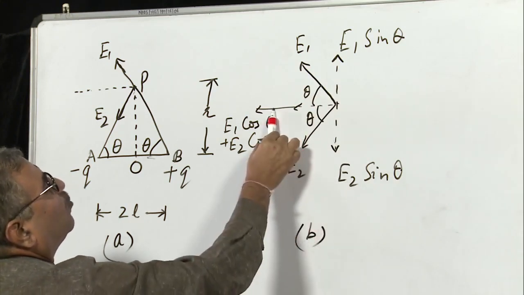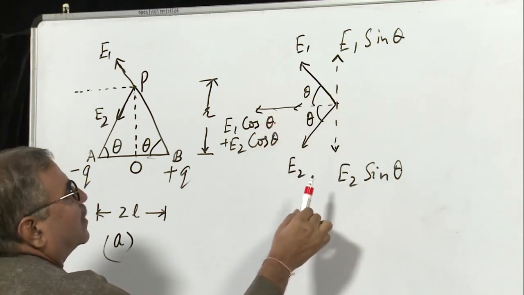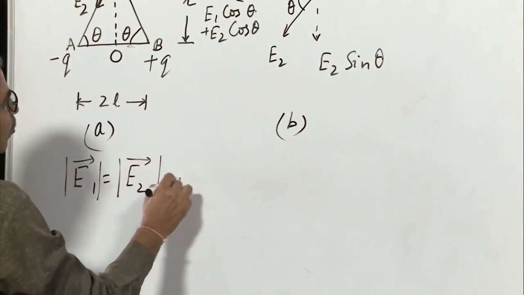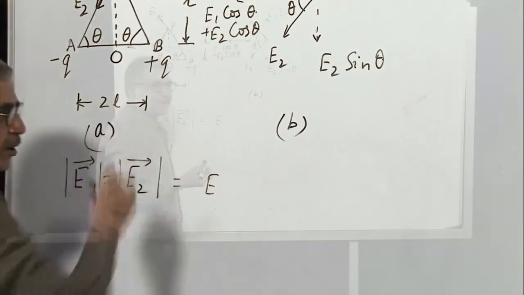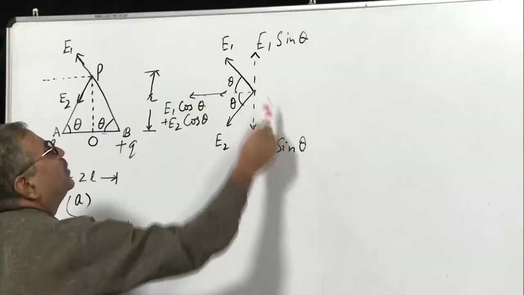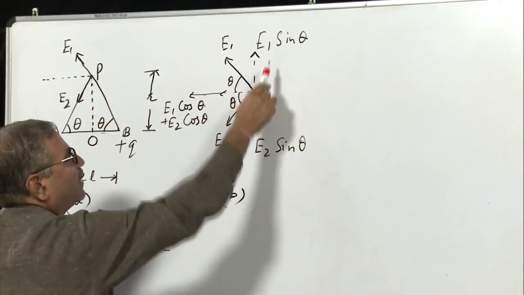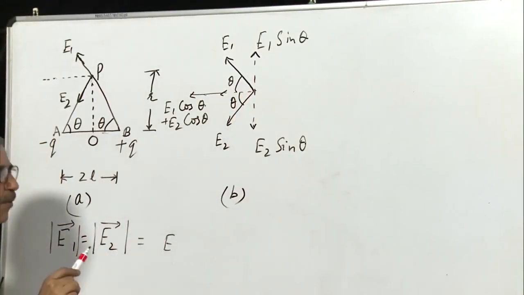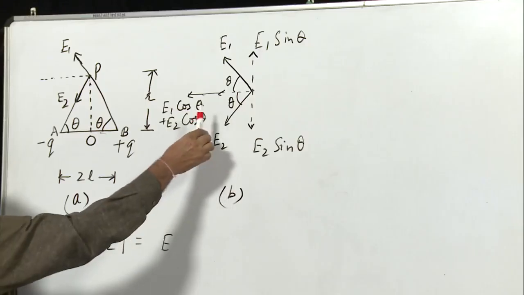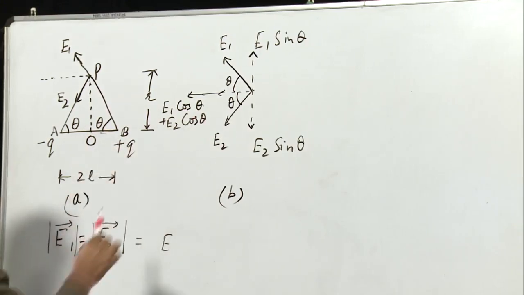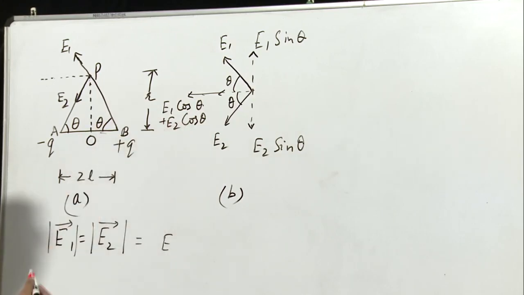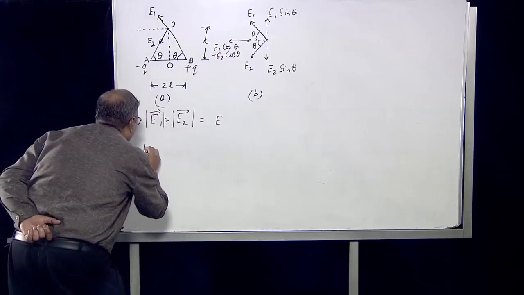Similarly, it will be E2 cos theta and it will be E2 sin theta, as magnitude of E1 is equal to magnitude of E2 is equal to E. So, E1 sin theta and E2 sin theta, they are equal and opposite. So, they will cancel each other. So, there will be no component of the electric field in the vertical direction. The net electric field will be along the horizontal direction only, and it will be E1 cos theta plus E2 cos theta.